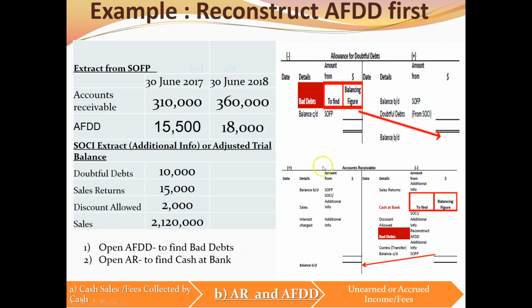And then use the information from your bad debts, open your accounts receivable, put the opening and closing balance, put where the sales is, put interest charge if there is, put where the sales return is to find how much your cash at bank.